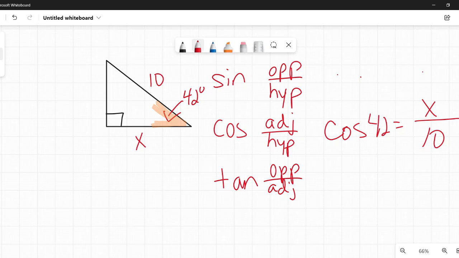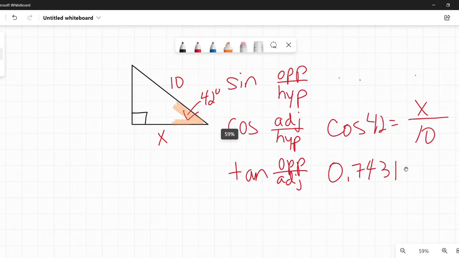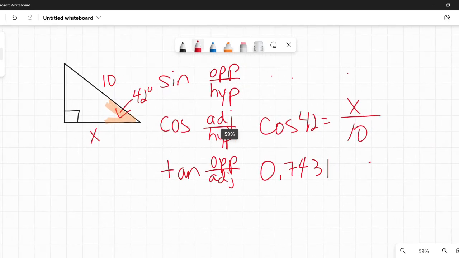So you're going to type in and find out what the cosine of 42 degrees is using your calculator. And when you find out, 0.7431, I usually keep it to 4 decimals. Follow your teacher's lead as to how many decimals they want you to use. So 0.7431 equals x over 10.